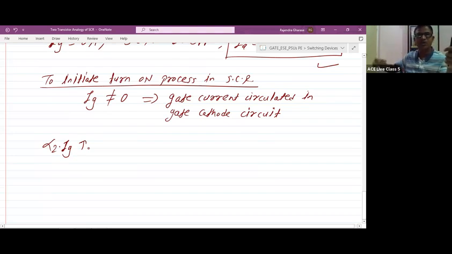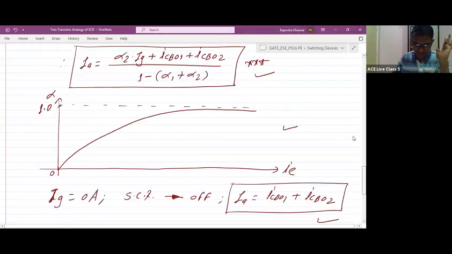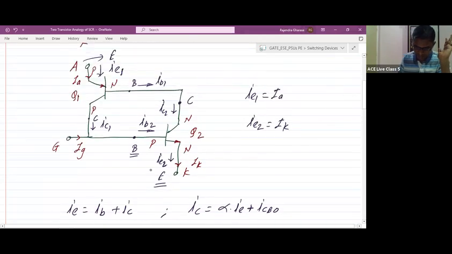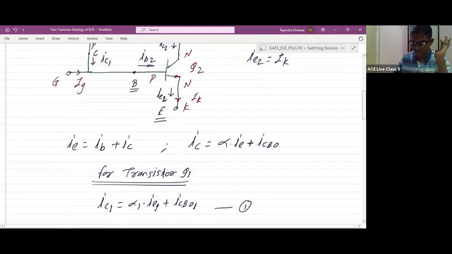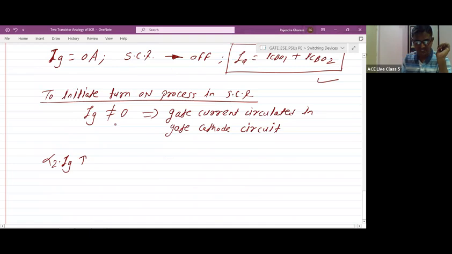IE2 is equal to IE1 plus IG, but IE1 is nothing but IA. So IA plus IG. If we increase the IG, definitely the IE2 will increase. So alpha 2 IG increases, and IG being non-zero, your IE2 will increase. If IE2 increases, alpha 2 also increases. So therefore alpha 2 will increase.